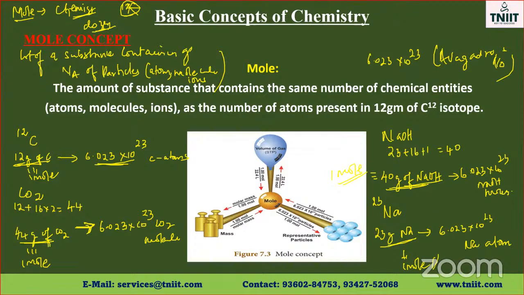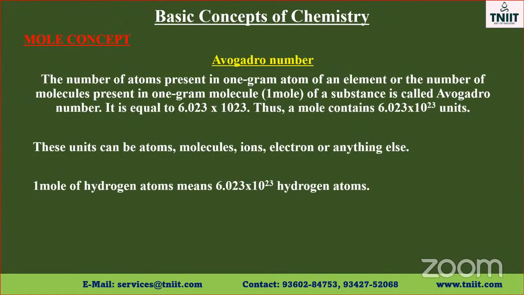Now, coming to the next slide. Avogadro's number is 6.023 into 10 to the power 23. It is defined as the number of atoms present in 1 gram atom of an element, or the number of molecules present in 1 gram molecule.